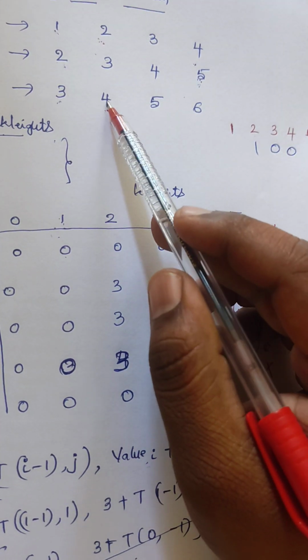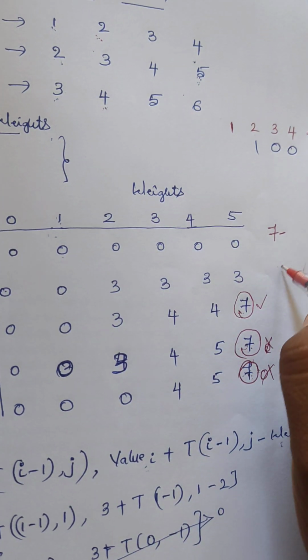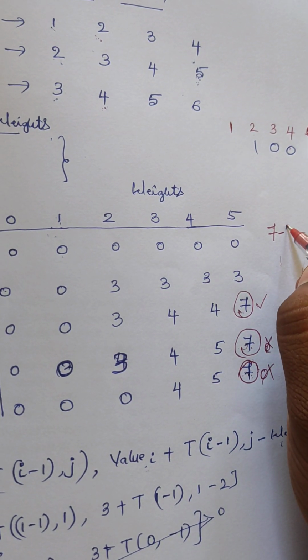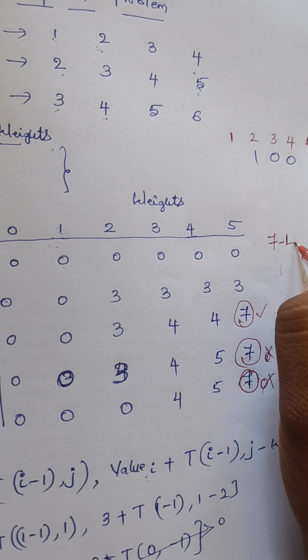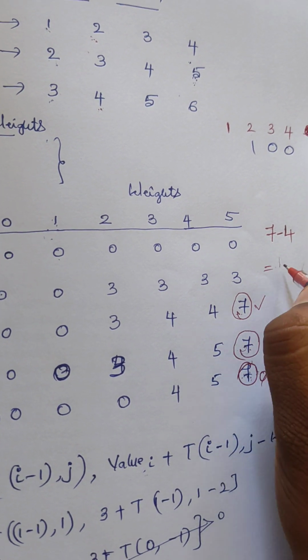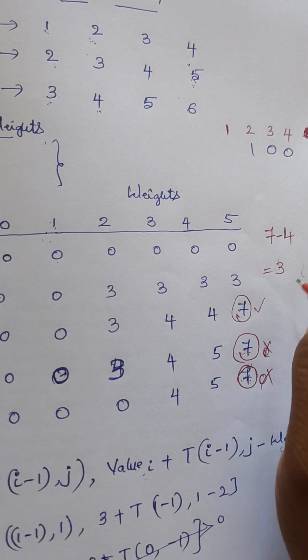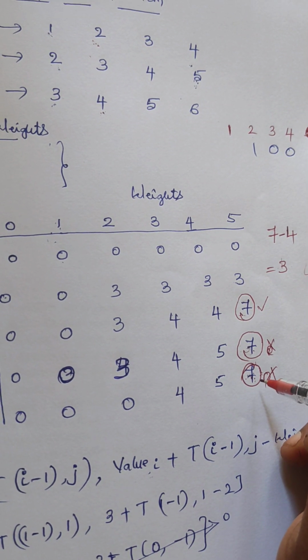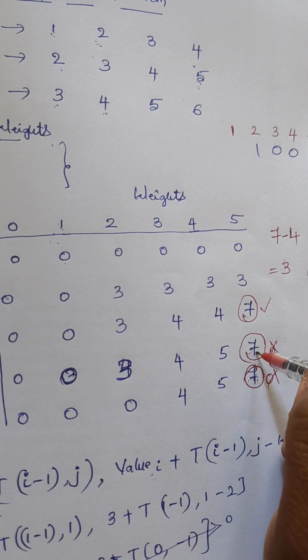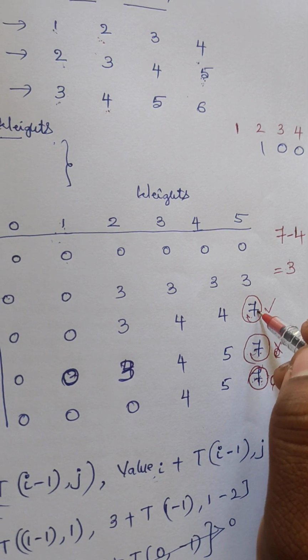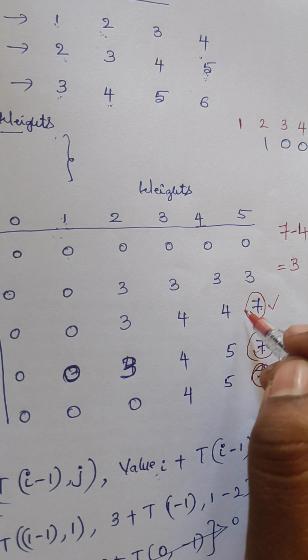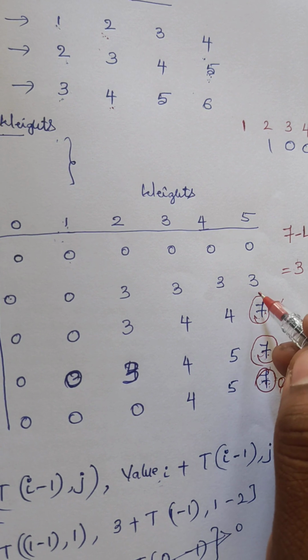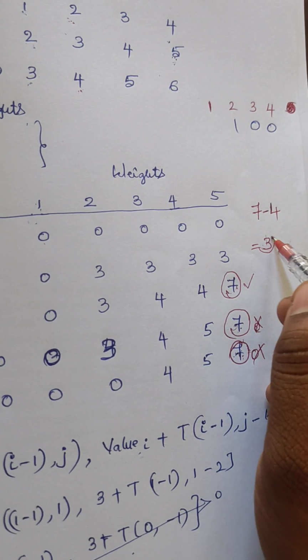For that object the profit is 4, so we need to reduce it from the original. So it should be 7 minus 4. So the remaining profit should be 3. Clear? So we already observed the fourth object, third object and second object. Now we have to check the remaining profit in the previous step. So the remaining value should be 3.